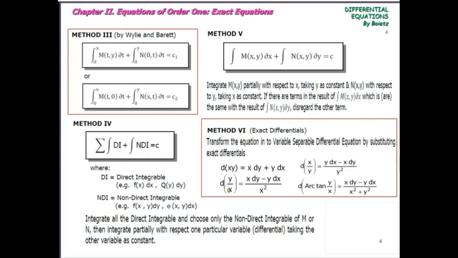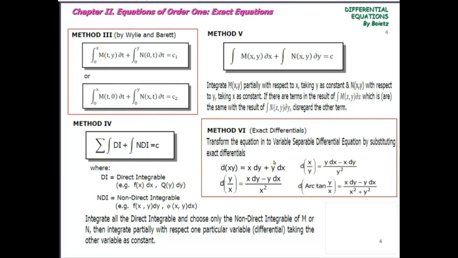Similarly with the derivative of y over x, it is equal to x dy minus y dx all over x squared. And same is true with derivative of x over y. Ganito naman ang kanyang equivalent. So instead of anuhin mo siya, try mo siya paano siya magiging direct integrable, okay, without substituting any exact differential.